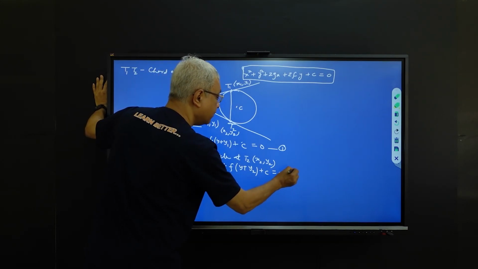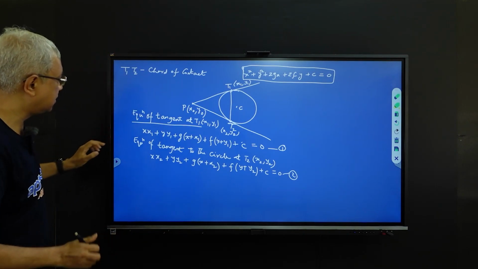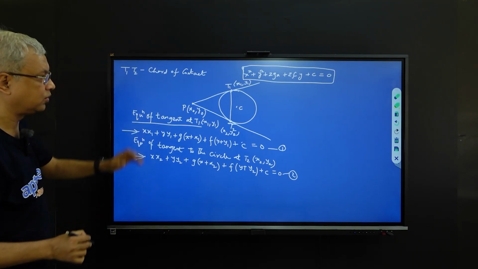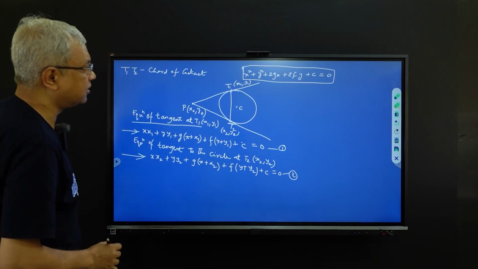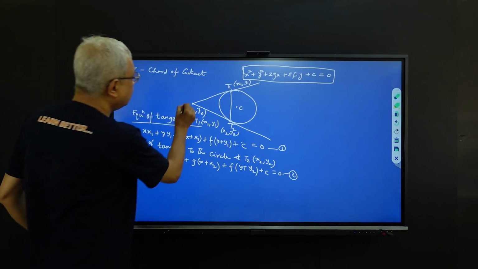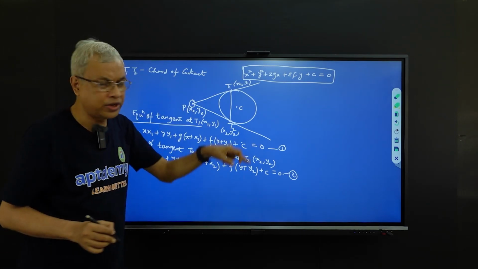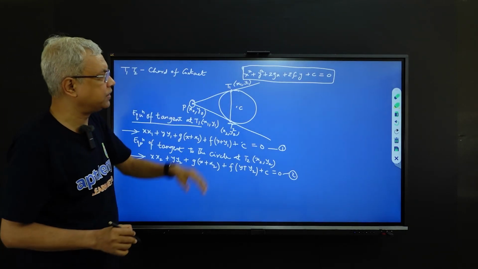This is equation number 2. Now see, this is one tangent equation, this is another tangent equation. Both the tangents actually pass through point P, because from P I have drawn two tangents, PT1 and PT2.